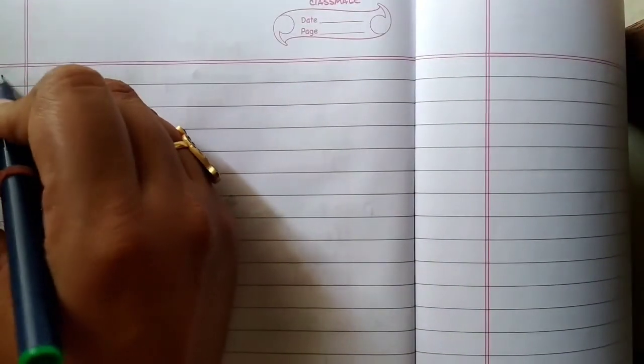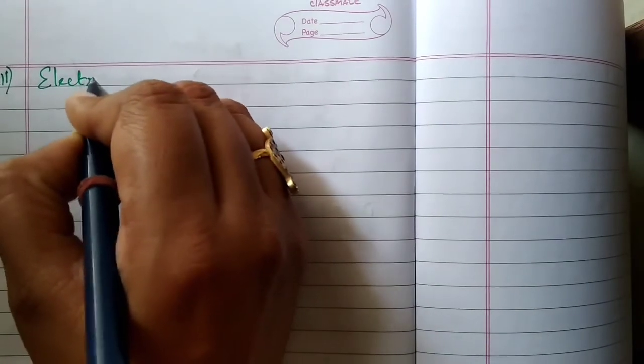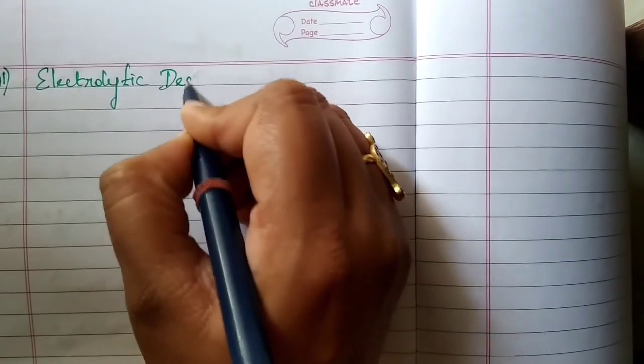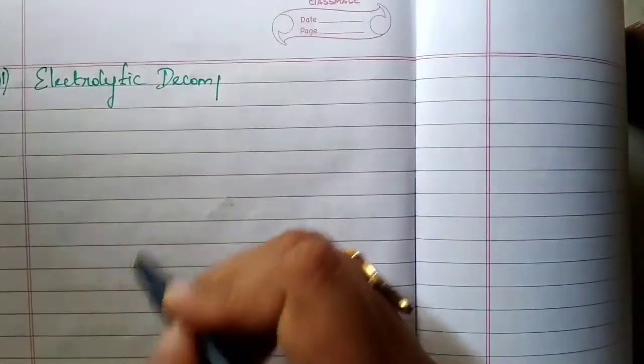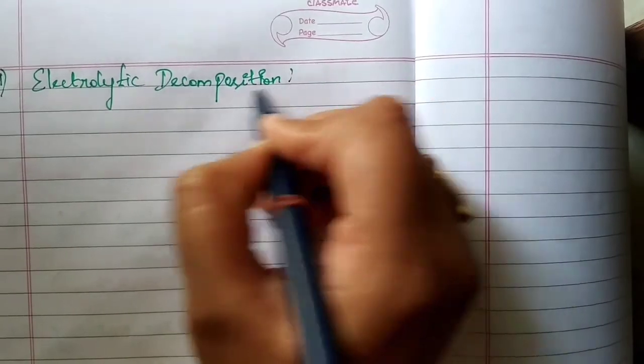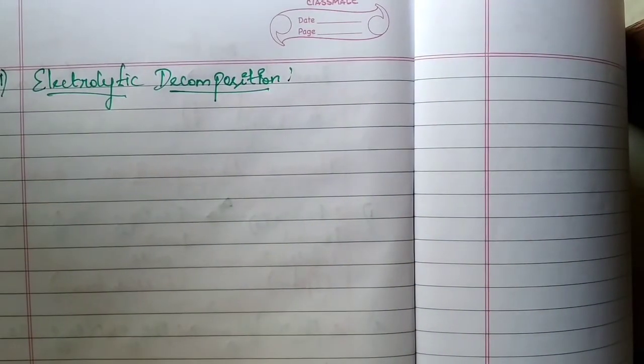Next, third one is electrolytic decomposition. Third reaction, electrolytic decomposition. So in the name itself, you can understand what we are going to use.